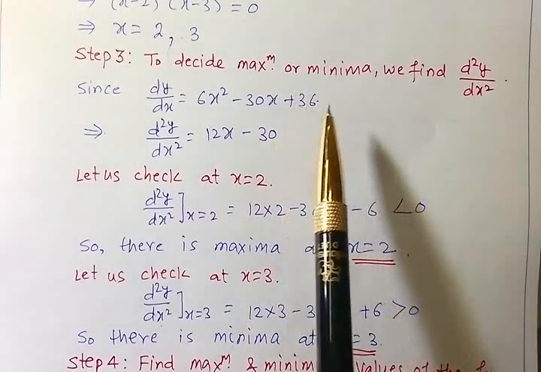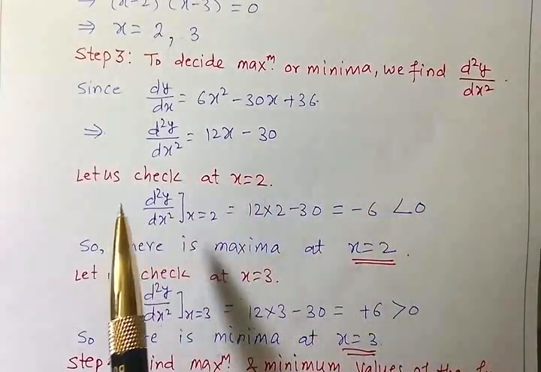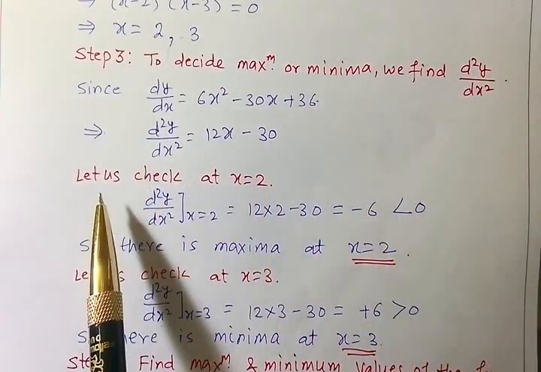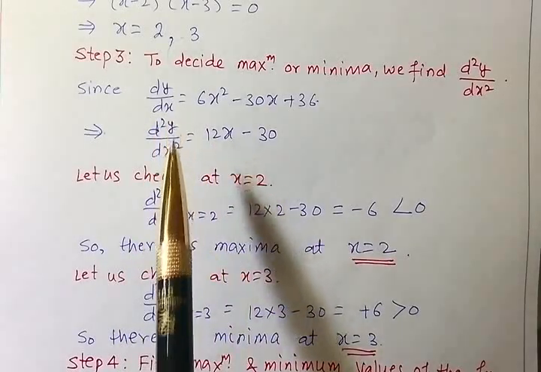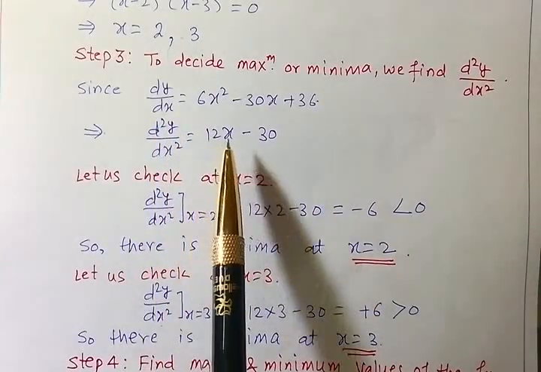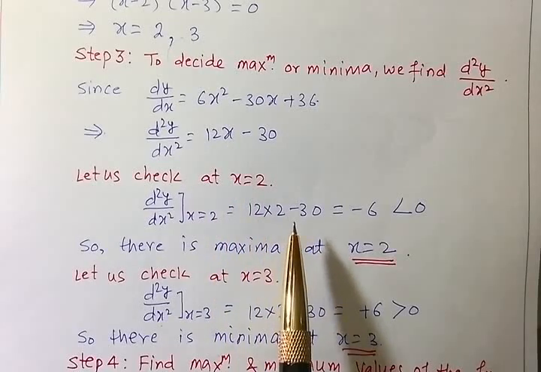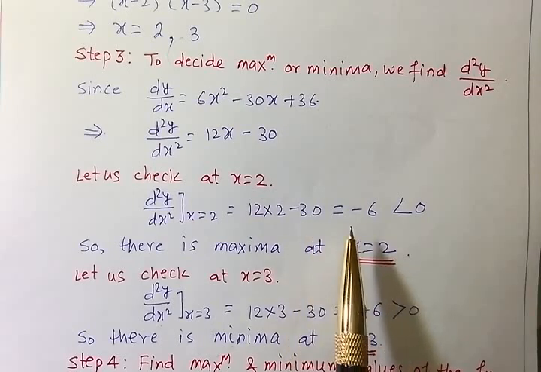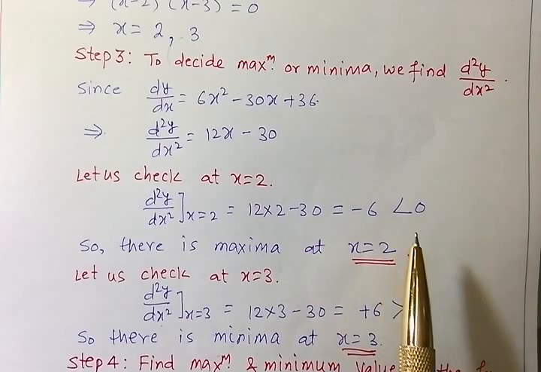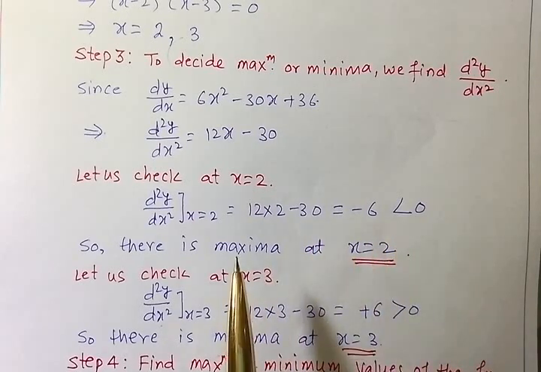Derivative of 36 is 0. So let us check at x is equal to 2. Substituting x is equal to 2 here, 12 into 2 minus 30, so 24 minus 30 is minus 6. So it is less than 0, or negative.